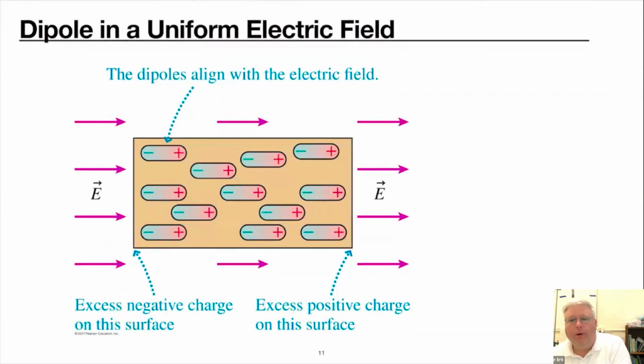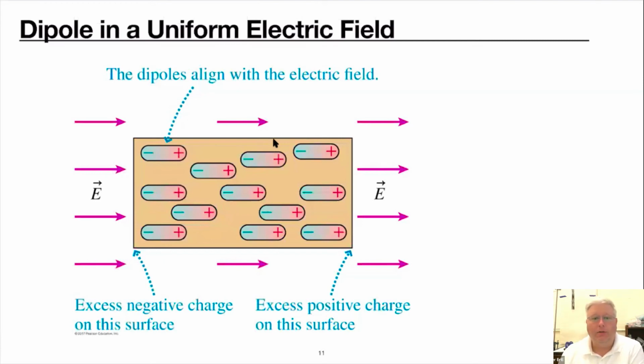When permanent dipoles, like water molecules, are placed in an electric field, all of the dipoles rotate until they're aligned with the electric field.